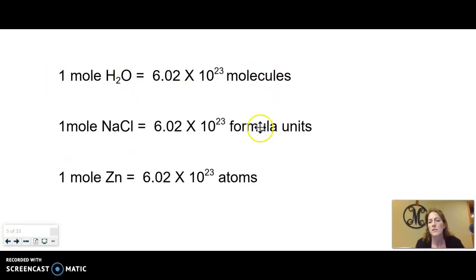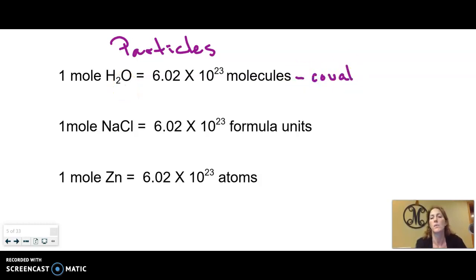So those different units, we're going to use the term particles to include molecules, formula units, or atoms. But when do you use these units in chemistry? If you have something that is covalently bonded, it's called a molecule. H2O, 2 nonmetals, they're covalently bonded.